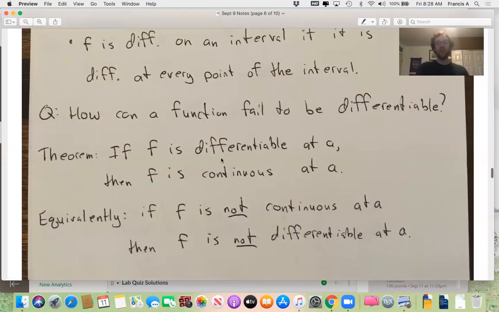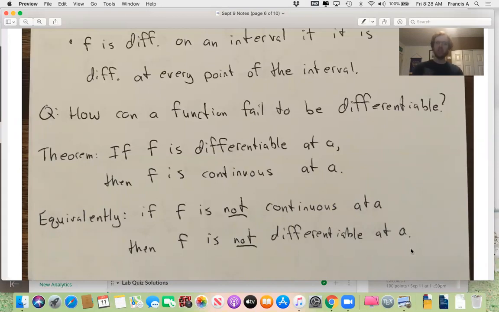So if a function is differentiable, then the function is continuous. A more usefully phrased, equivalent version says if you have a function which is not continuous at a point, then the function isn't differentiable there either.